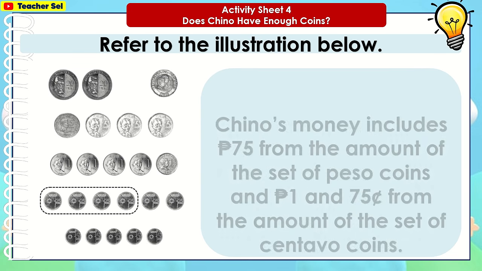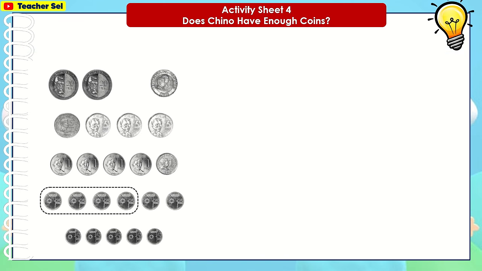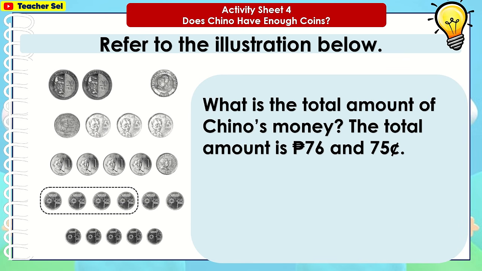Refer to the illustration below. Chino's money includes 75 pesos from the amount of the set of peso coins and 1 peso and 75 centavos from the amount of the set of centavo coins. What is the total amount of Chino's money?